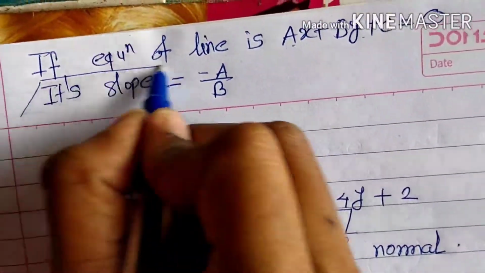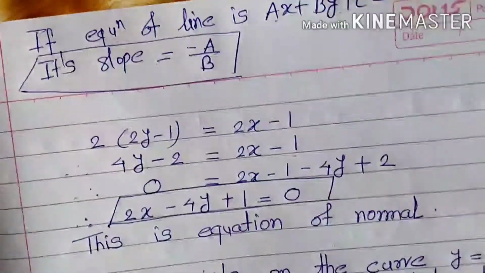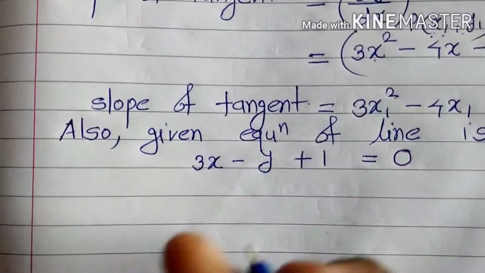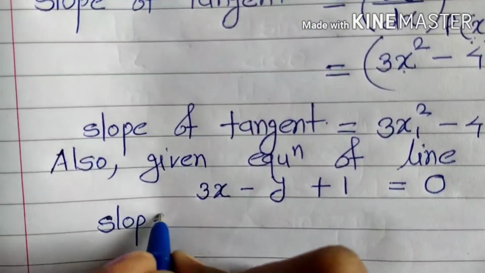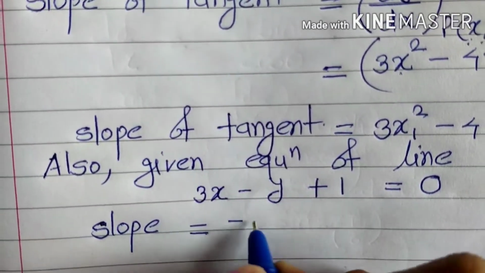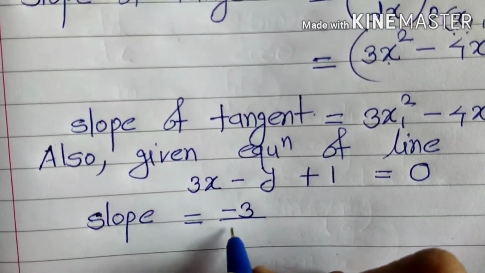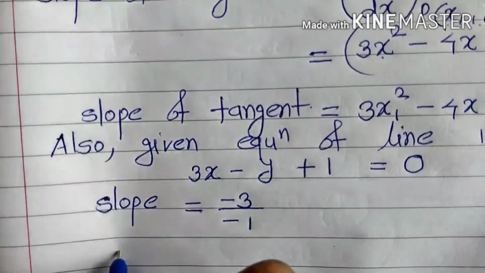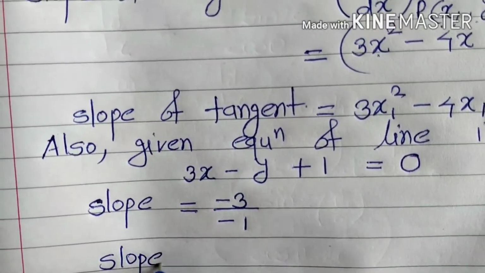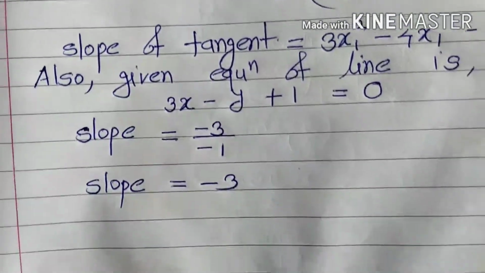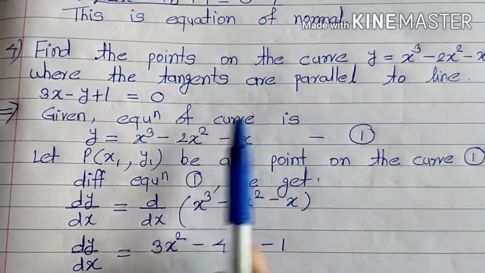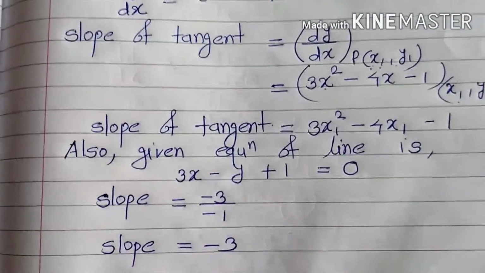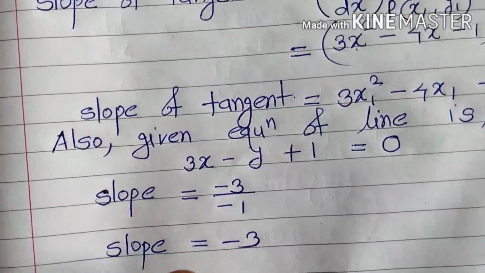This is the formula for slope of a line. So you can use that formula and find the slope here, which is equal to minus a upon b, means minus 3 upon minus 1, which is slope equal to 3. But here is a clear indication that this tangent is parallel to the line, therefore the slopes are equal.